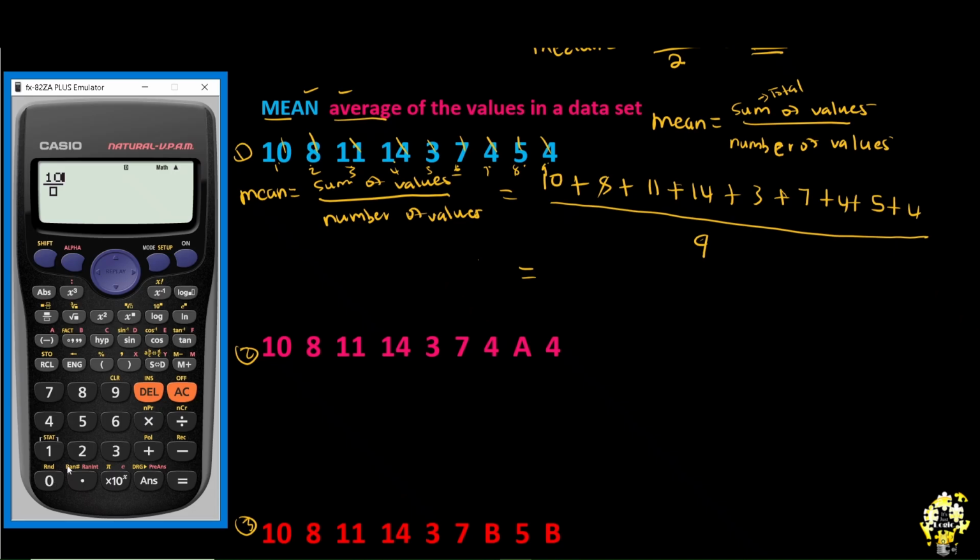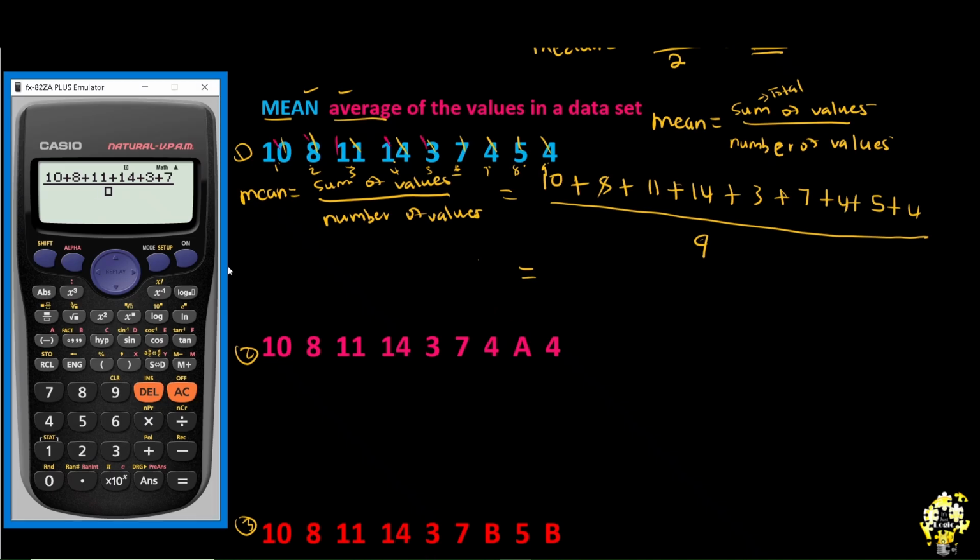Now let's say 10 plus 8. Again, you can be doing the same thing here. In fact, we are supposed to be doing the same thing here. So let me use a different color, let me use a pink. So we said a 10, it's on the calculator. Plus 8, on the calculator. Plus 11, on the calculator. Plus 14, on the calculator. Plus 3, on the calculator.